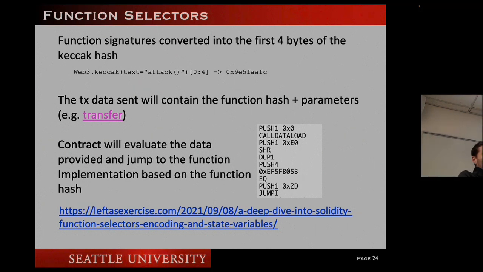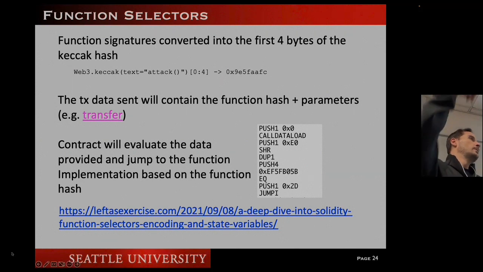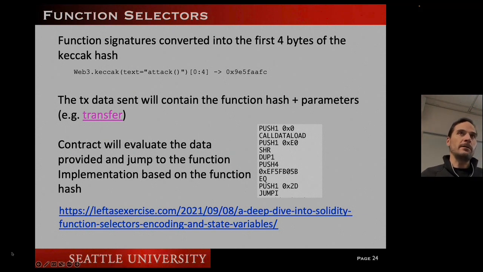And then there's essentially a gigantic switch statement where it compares those 4 bytes with the static 4 bytes that are encoded in the smart contract bytecode. And if there's a match, then it will jump to the implementation of that particular function. That's how function invocation essentially works.